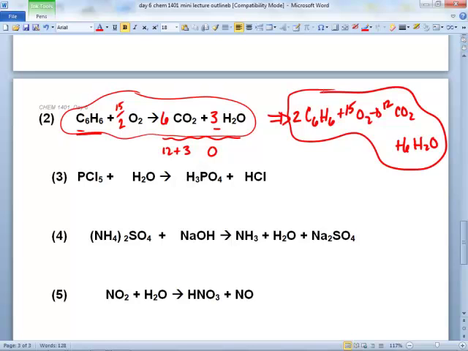Compare with the folks around you, see if you're getting the same thing.